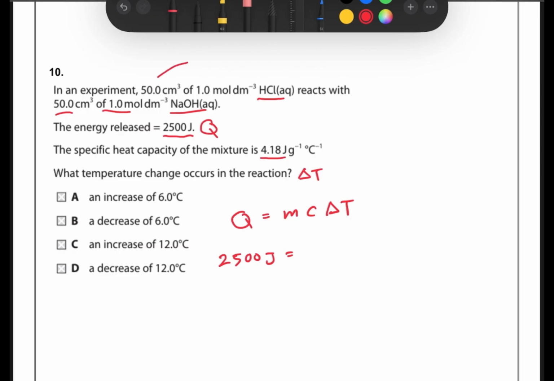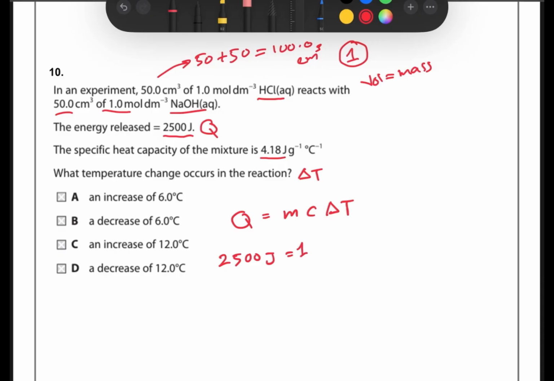We have 50 cubic centimeter, and we have another 50 cubic centimeter. The total is 100 cubic centimeter. Since the density of the aqueous solution is equal to 1 by default, the volume is the same as the mass. So we have 100 grams of aqueous solution.